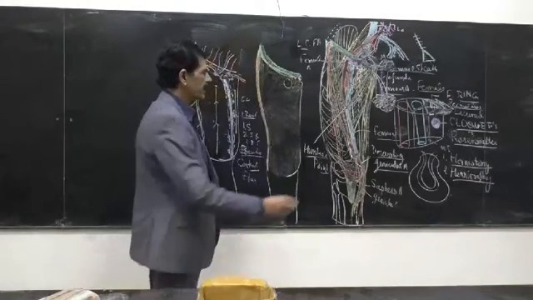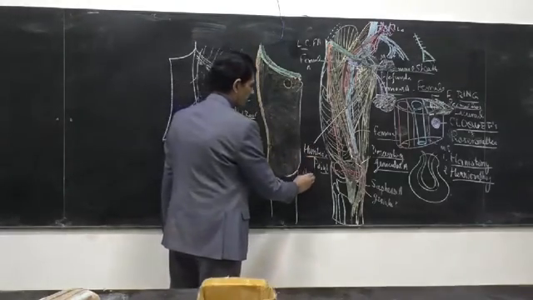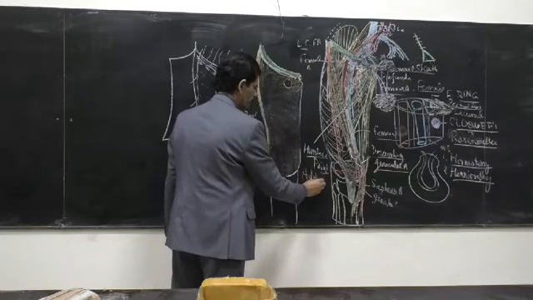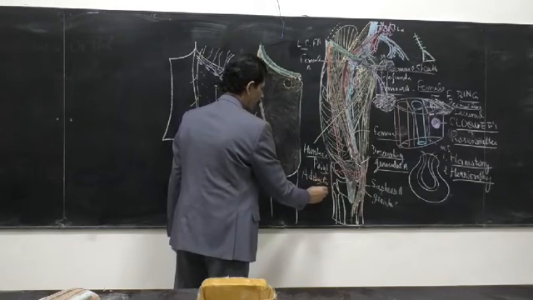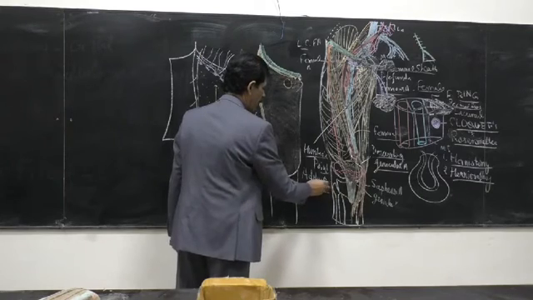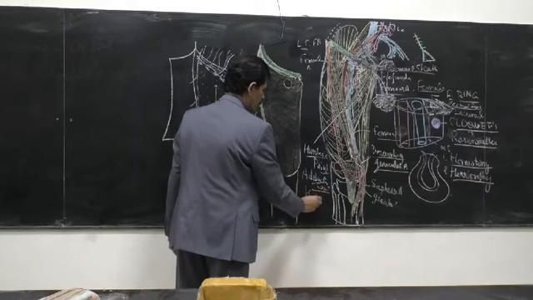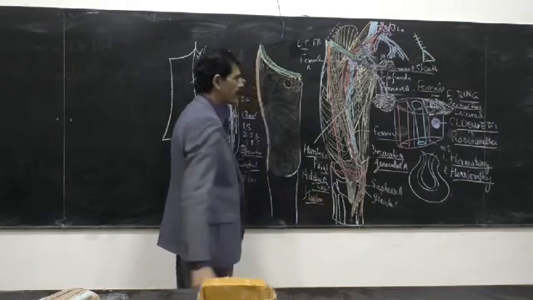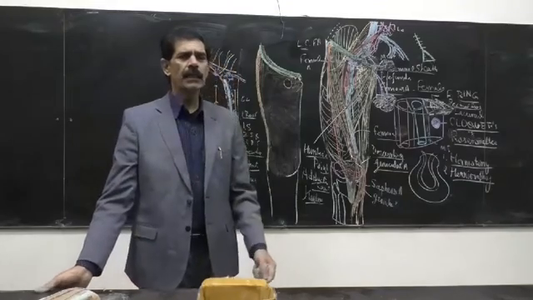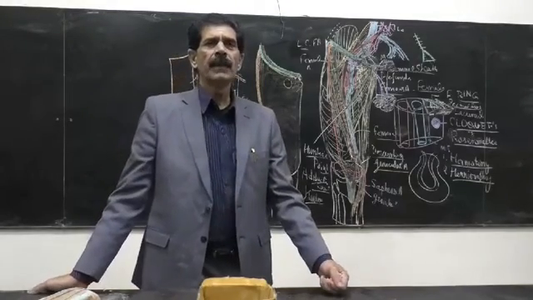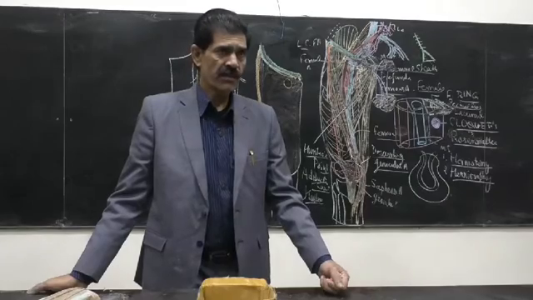Then another thing in the front of the thigh is the adductor canal or Hunter's canal. Actually, the adductor canal and Hunter's canal lie in the intermuscular space.